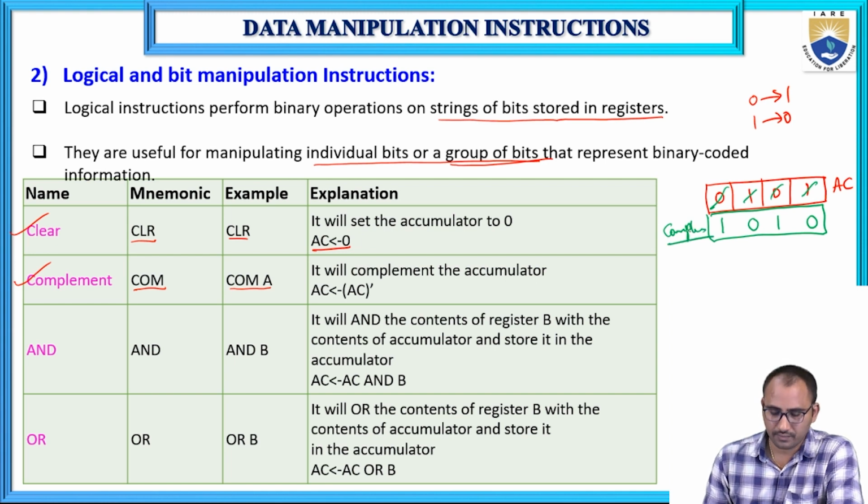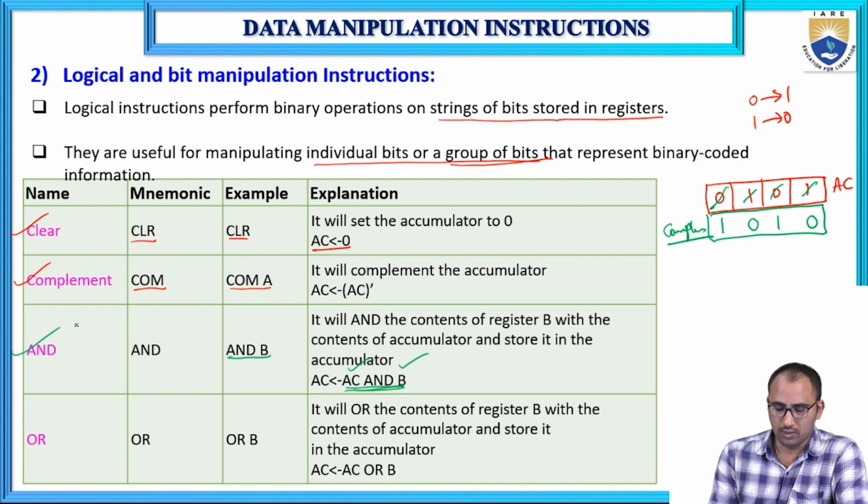Next, the AND operation. We are performing a logical AND operation between the registers, the accumulator and the B register. So here we are using two registers, one is the accumulator and another is the B register, and between them we are performing the AND operation. So what is the AND operation? In order to perform the AND operation, we require two input bits.